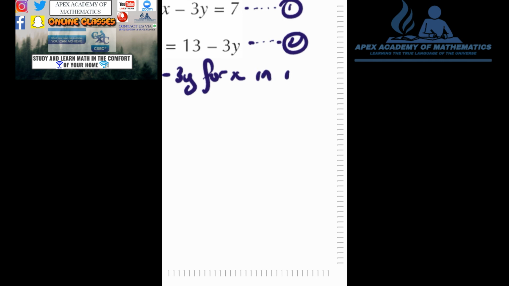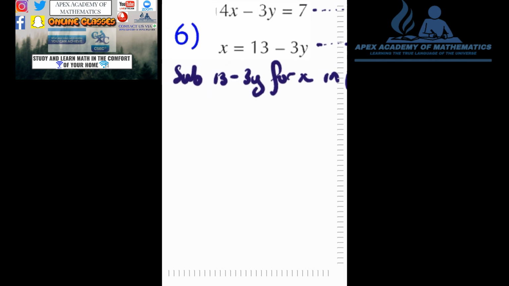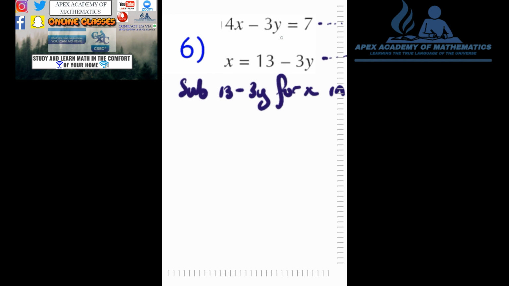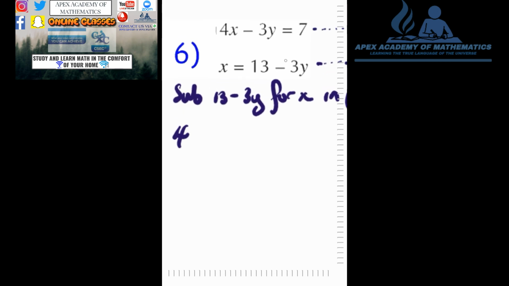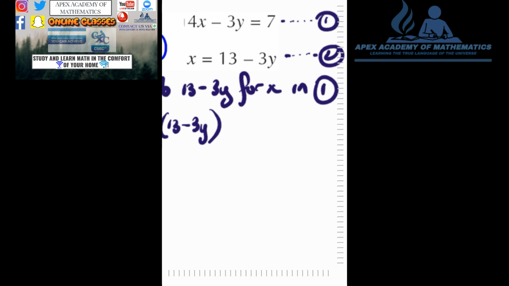in equation 1. So anywhere we see x in equation 1, we're going to replace that x with 13 minus 3y. So what we have here is simply 4 times x, and x is this expression here. So 4 times 13 minus 3y, close bracket, and we're going to have minus 3y, and that's equal to 7.